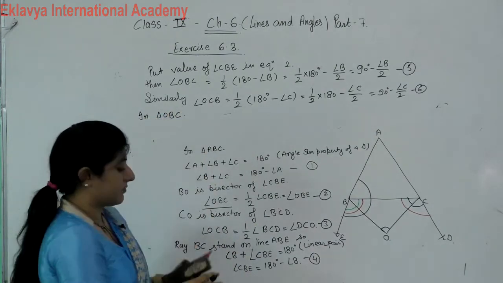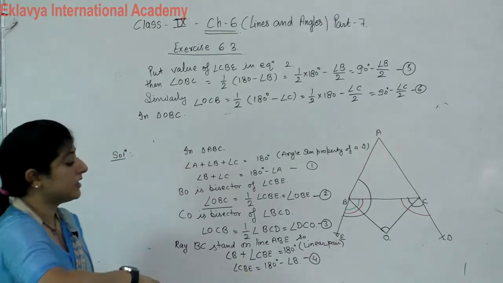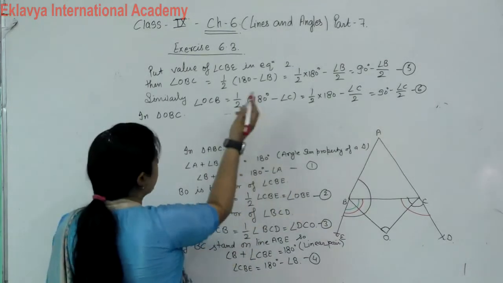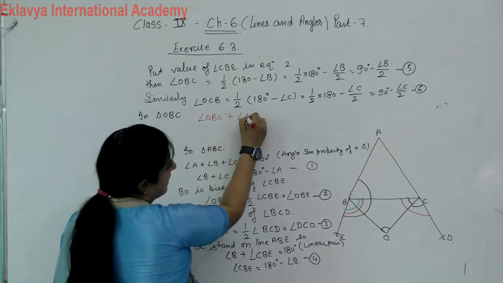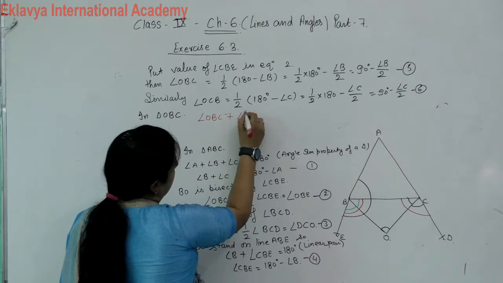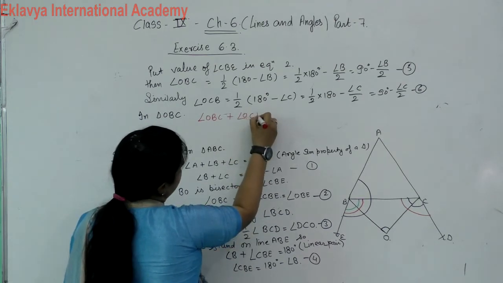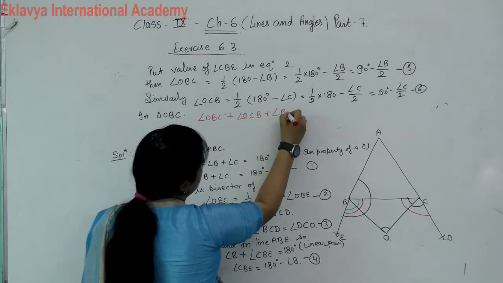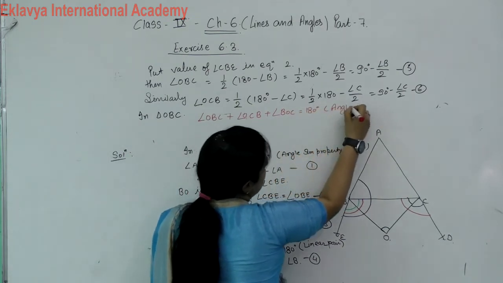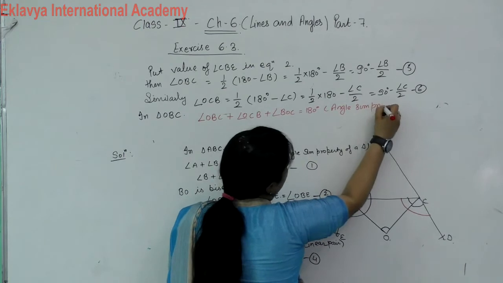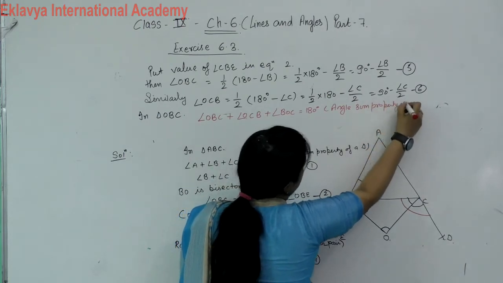Now see, in triangle OBC, apply the angle sum property, that is OBC plus OCB plus BOC is equal to 180 degrees. Angle sum property of a triangle.